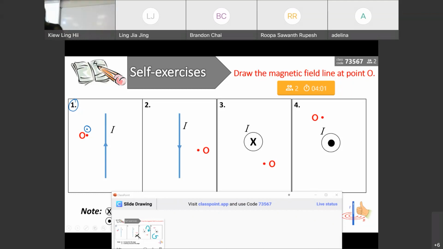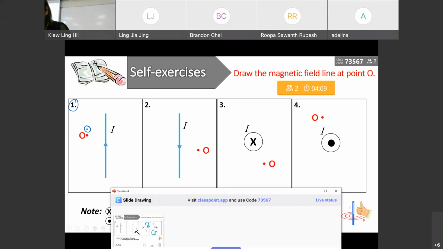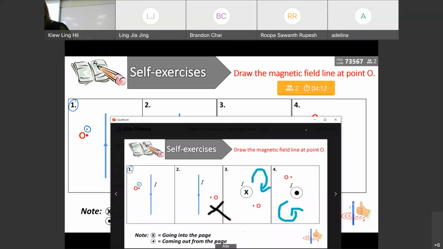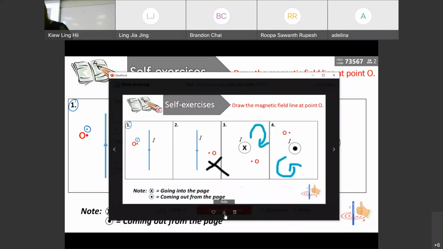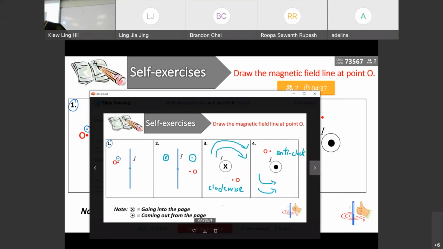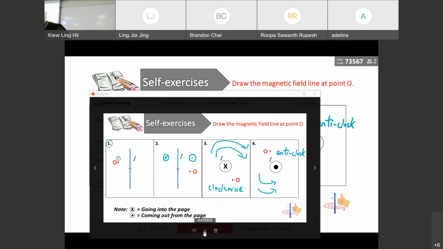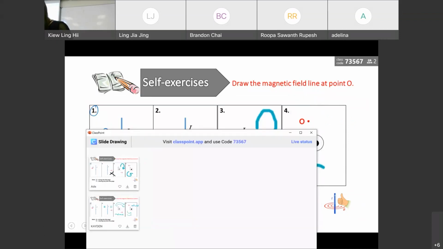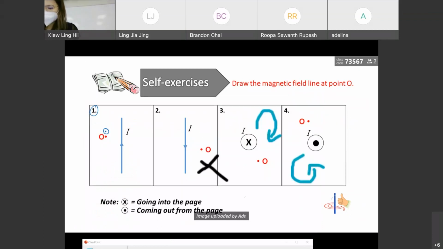Okay, so now let's look at here. The first one is a dot product.